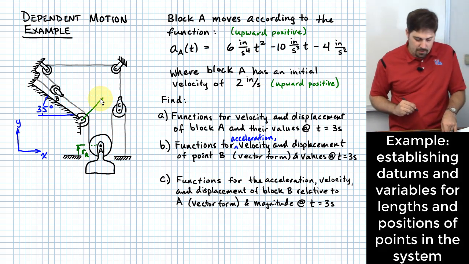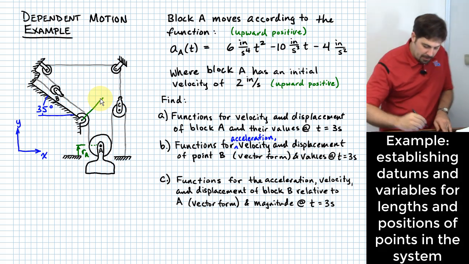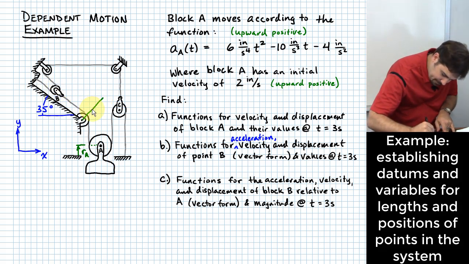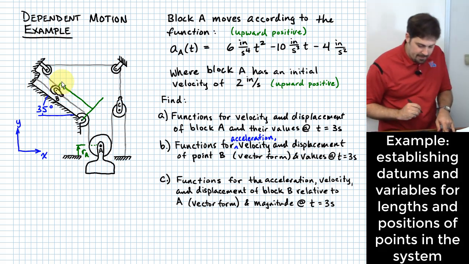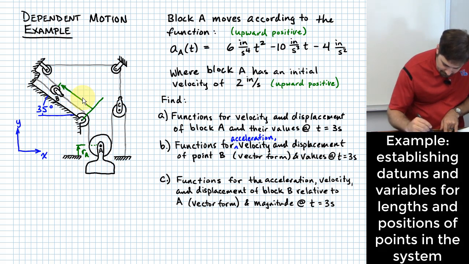This one's not sort of already set up for us, but let me define a datum relative to which I can describe the position of this point B. Okay, so I'm going up to that point right there, and what I just drew right there, let me call that RB.